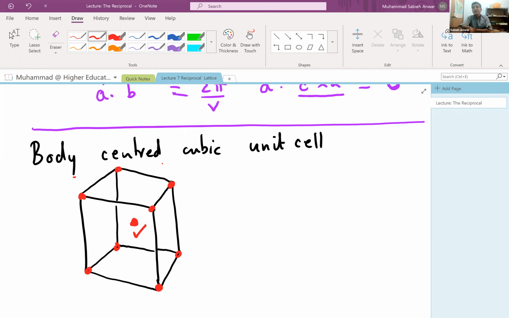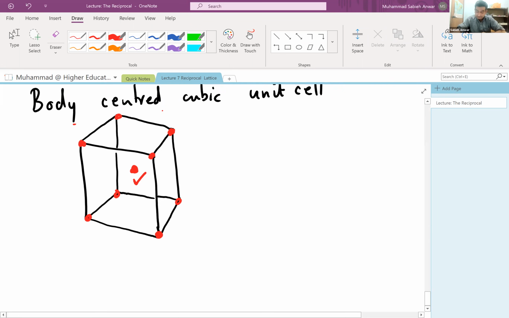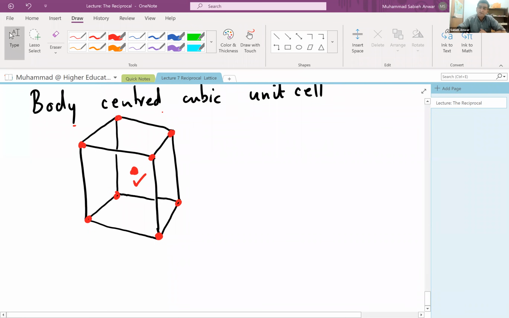It's always possible to draw a primitive unit cell, even though the lattice type is body-centered, face-centered, or base-centered. For example, in this case, if I were to draw a primitive unit cell, which of course will no longer be cubic, it's very much possible to do that.